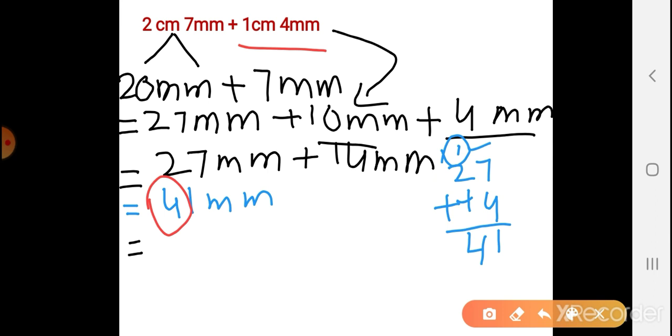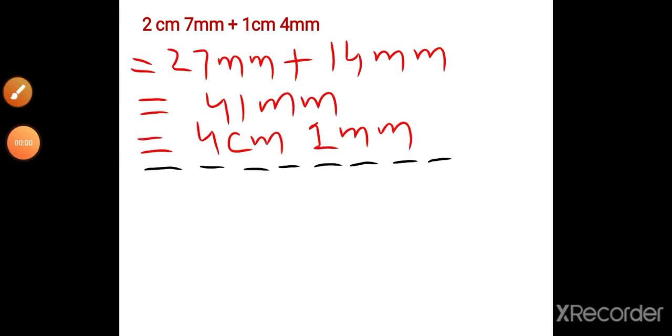So here 40 millimeters, if converted to centimeters, would be 4 centimeters, and we have 1 millimeter, which would be the same. So we have gotten the total height of the bean sprout by the end of the day, that is 4 centimeters and 1 millimeter.